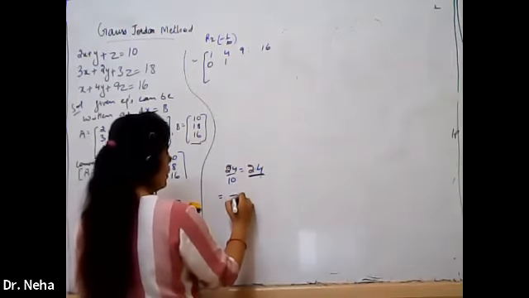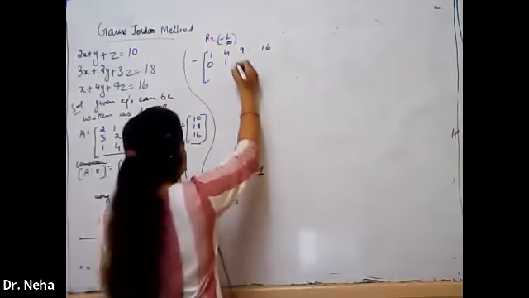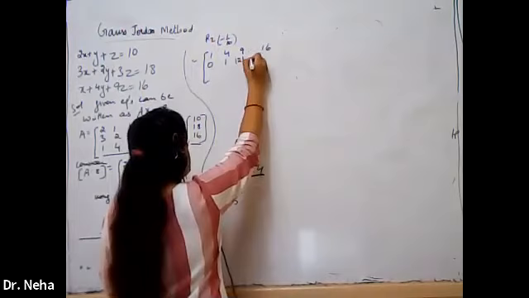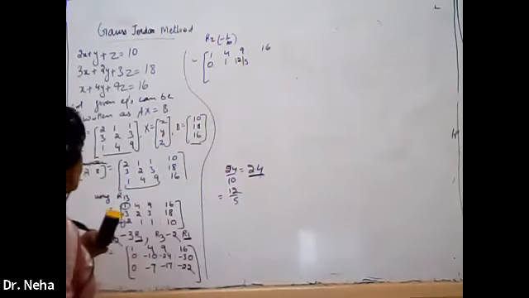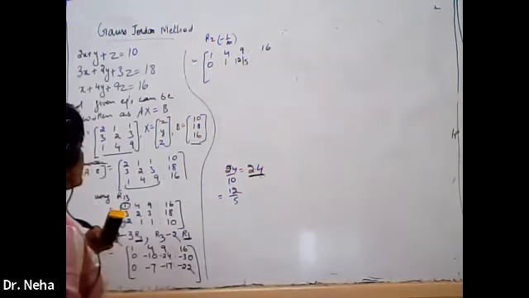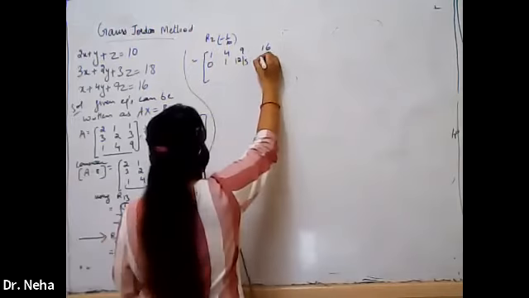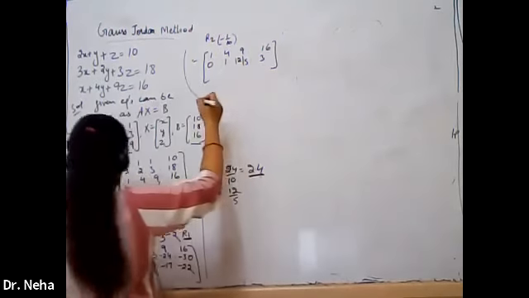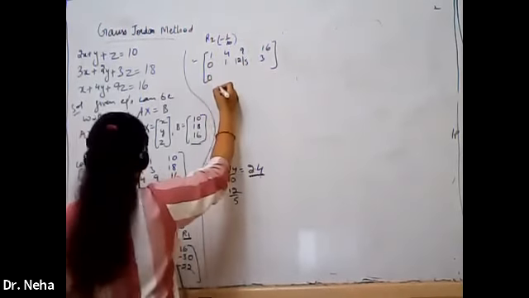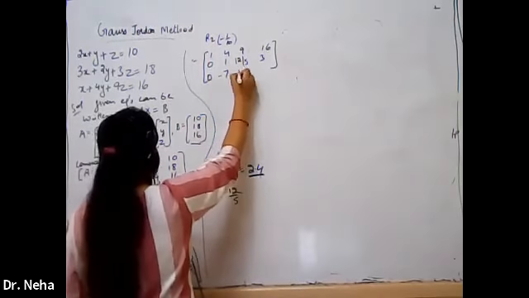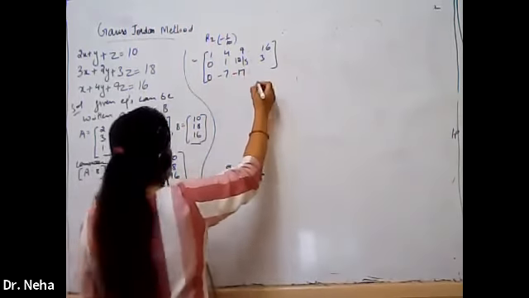Rather, we can write it as 12 by 5. In the same way, 30 upon 10, minus and minus will cancel out, so 30 upon 10 will be 3. And the third row will remain the same: 0, minus 7, minus 17 and minus 22.